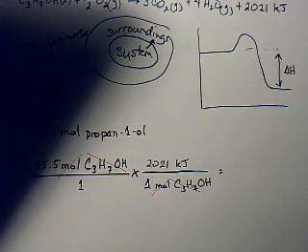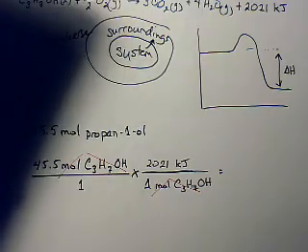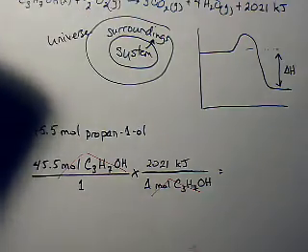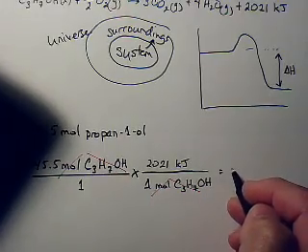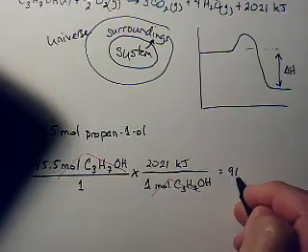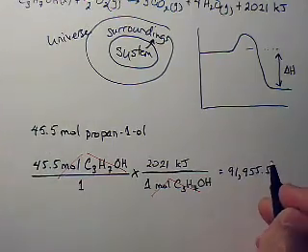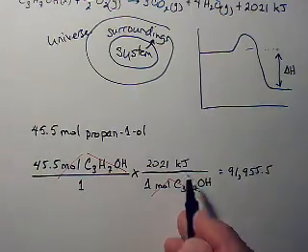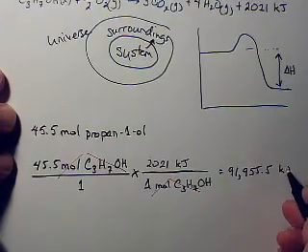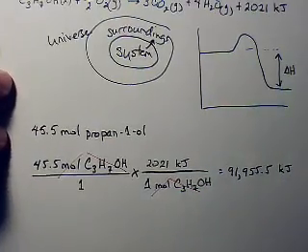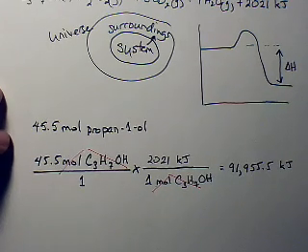Everybody hear me? So 45.5 times 2,021 will give me 91,955.5, and the units I have left are kilojoules. Okay, and that's our initial answer.